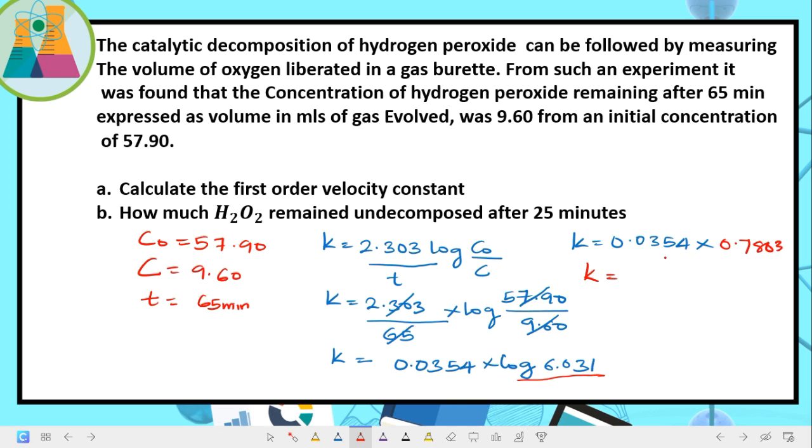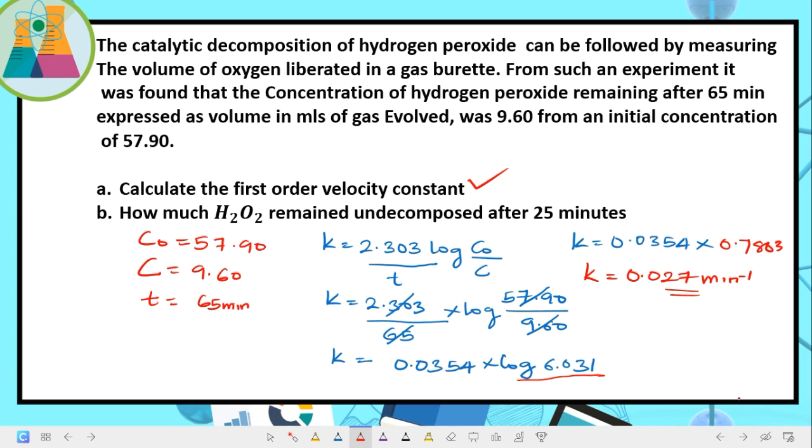When you multiply these two together, 0.0354 times 0.7803 is going to give us 0.027 per minute. So that will be the constant, which is the first question here. Calculate the constant.